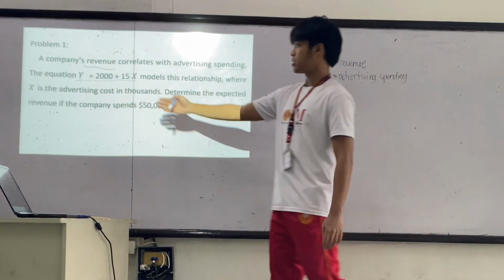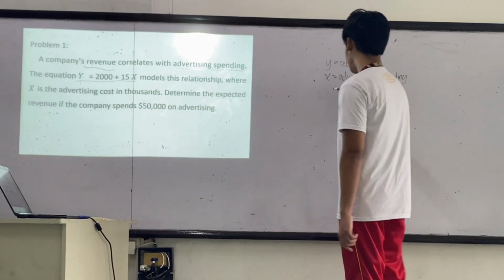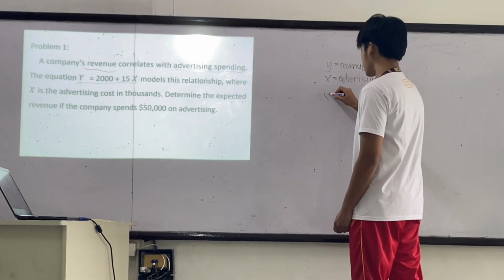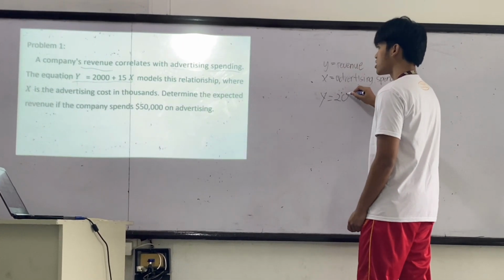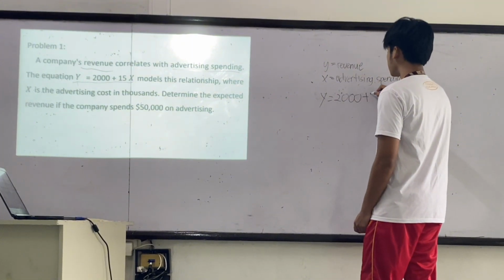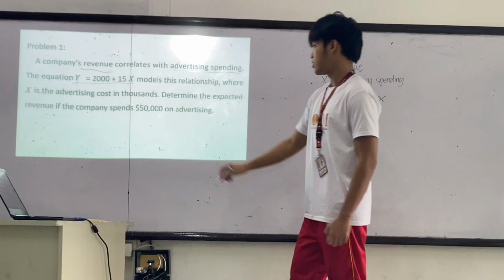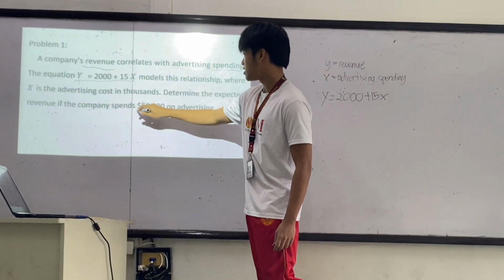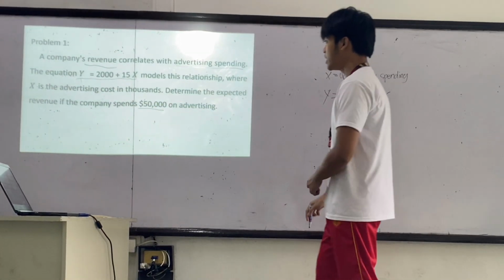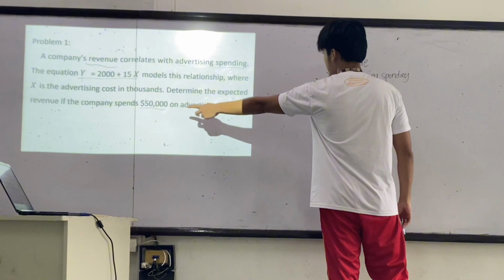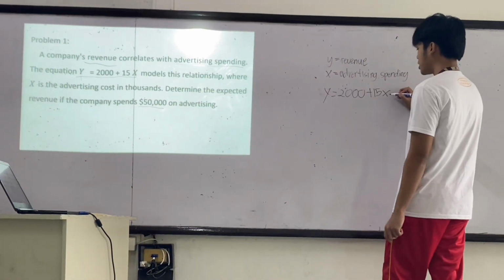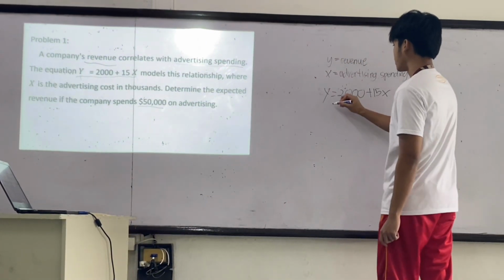Our equation for this problem is y equals 2000 plus 15x. It also states that the company spends $50,000, so this is the independent variable where we will input this here.